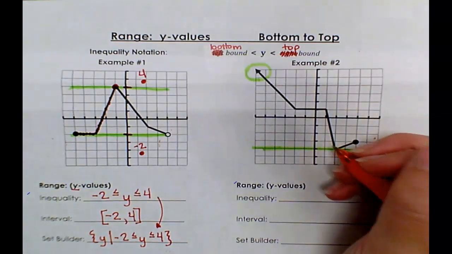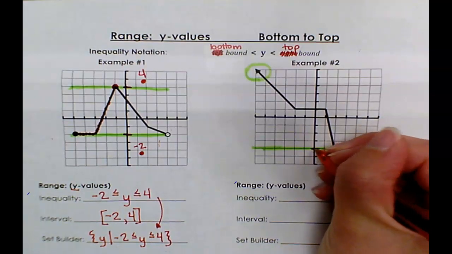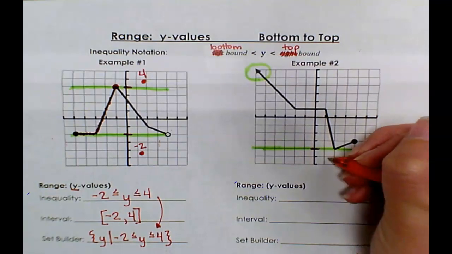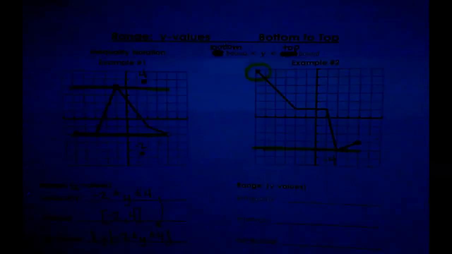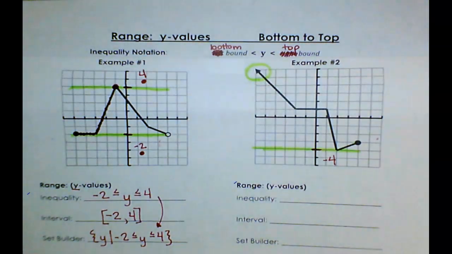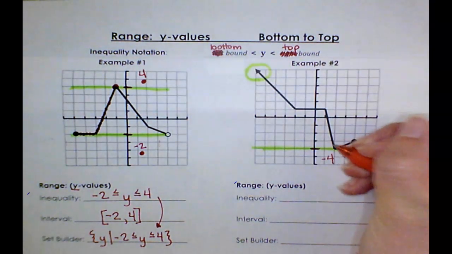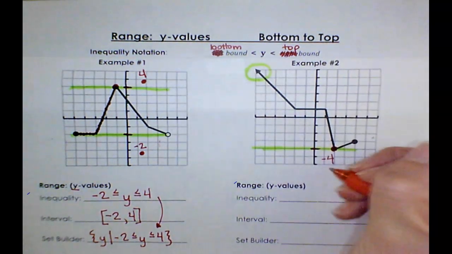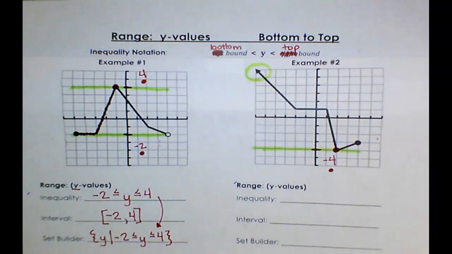So in real time, this is what I would do. I'd find my y bottom boundary, which is negative 1, 2, 3, 4. I remember that Miss Belsick told me that anytime I see a part of the graph that doesn't have an open or closed point, I need to consider it closed. So that's negative 4 with a closed boundary.